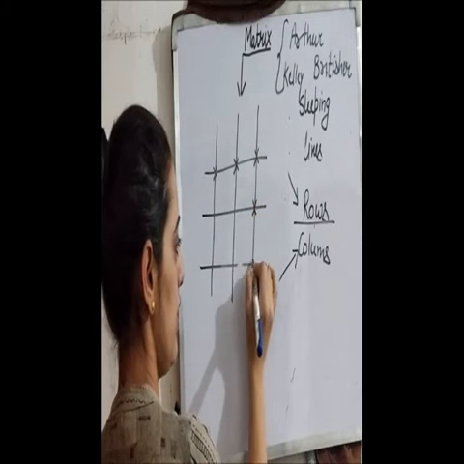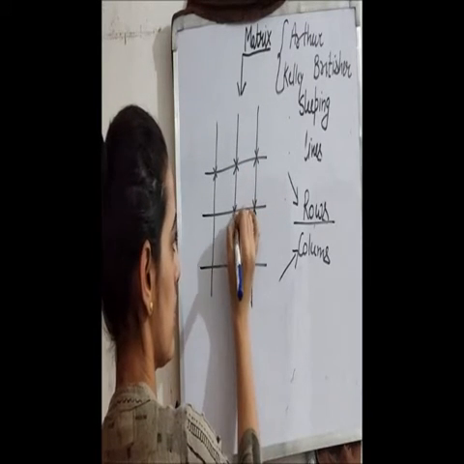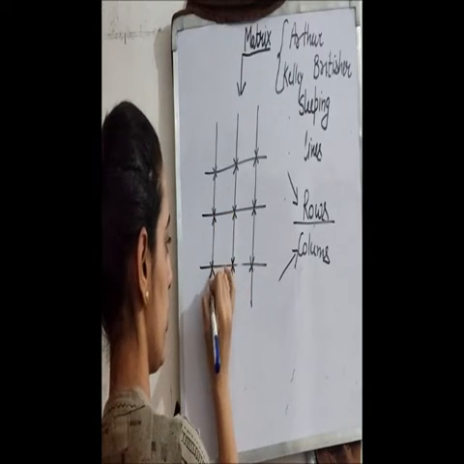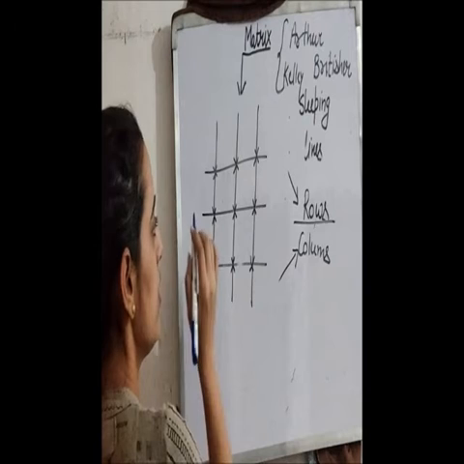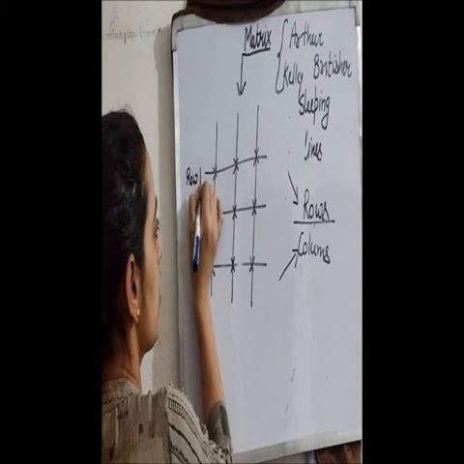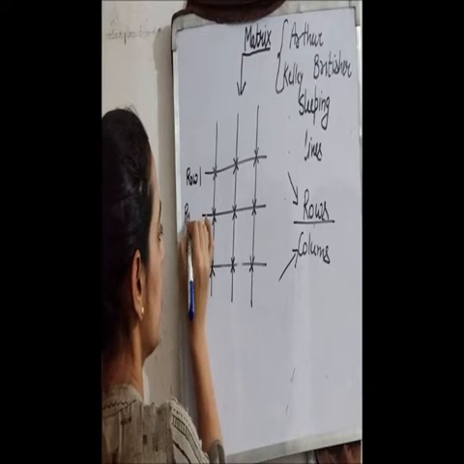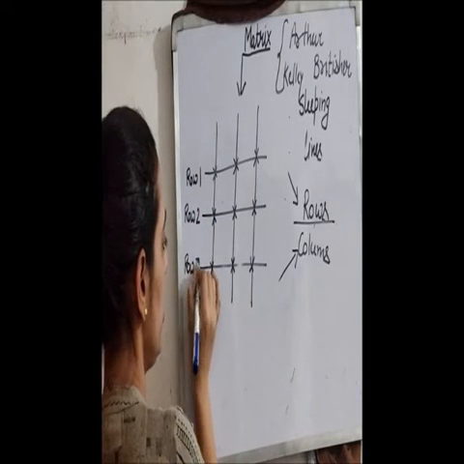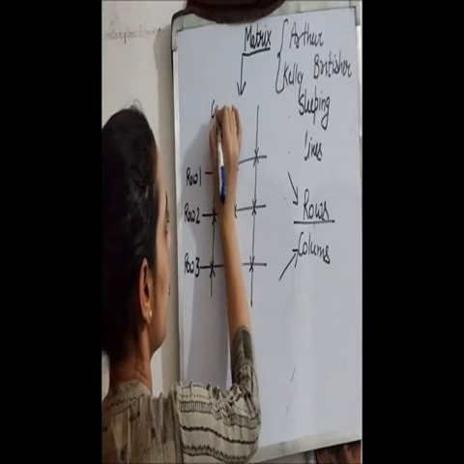So Arthur Cayley arranged rows and columns in such a way, and then he said that this one is our row 1, row 2, row 3, column 1.